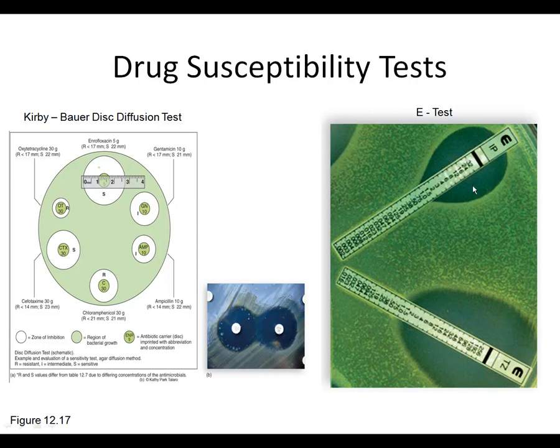It will diffuse out into the media, and you will then have these bacteria that will grow up along here, and they kind of form this teardrop. Where this teardrop intersects the strip, that tells you the lowest dose that is usable and effective against this organism.